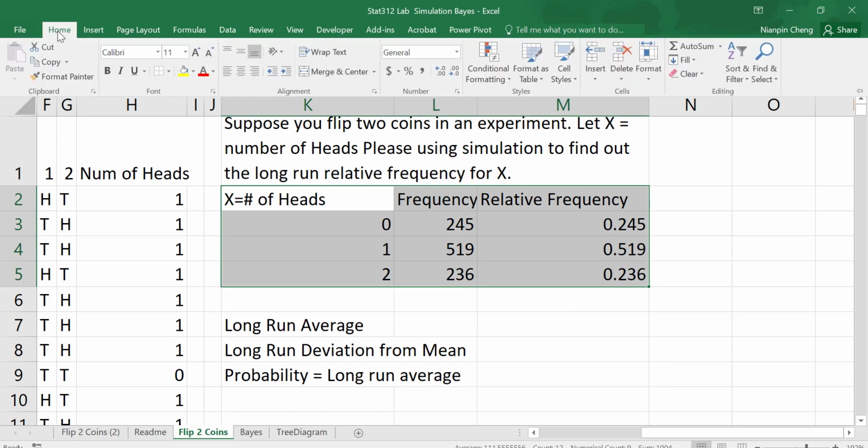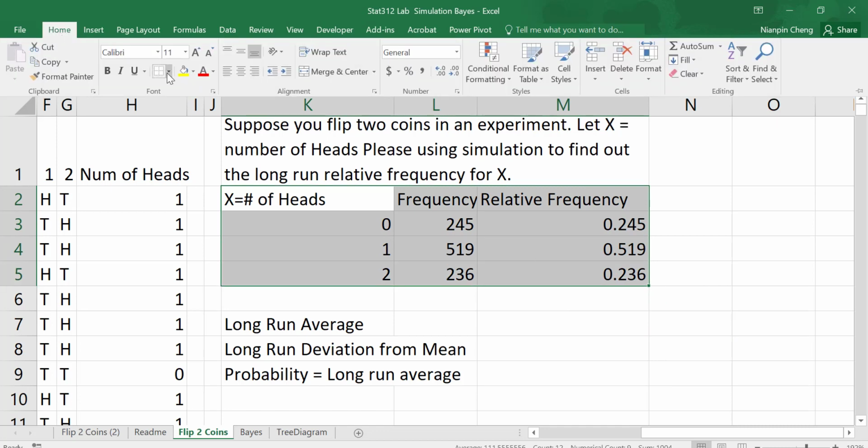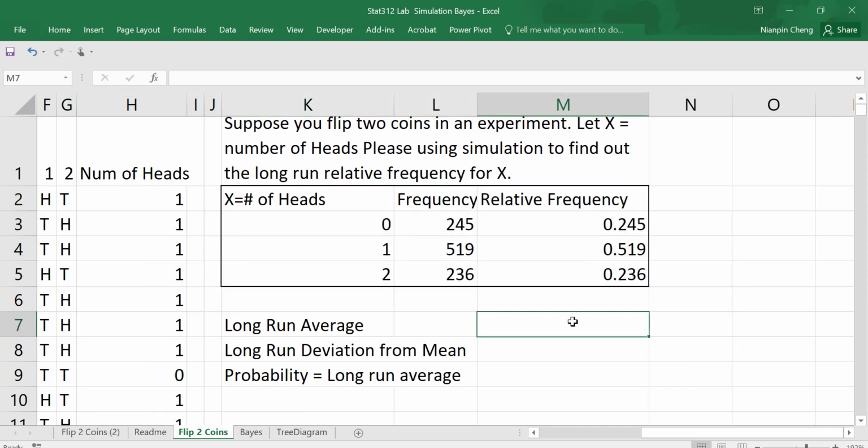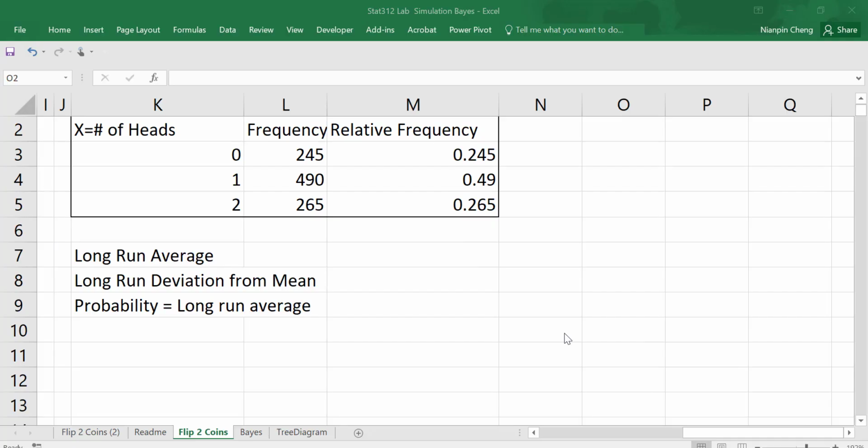So yeah, I need to reformat. I like to put the borders on the table, outside of the table. Now we look at the table. It shows the relative frequency when you observe the number of heads when you flip 2 coins.